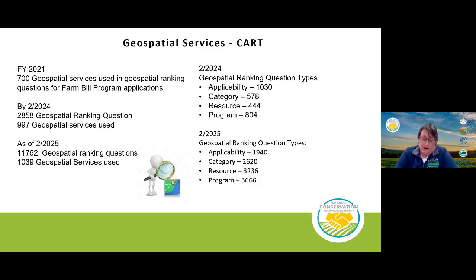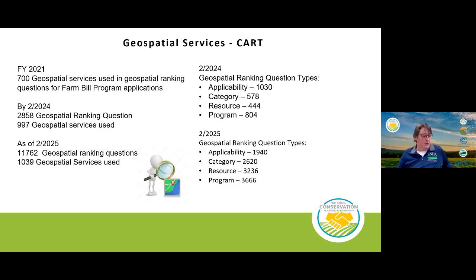And for applicability and category, a big one is the initiative NWQI implementation boundary. So kudos to everybody that is starting to use geospatial questions to help with their rankings and assessments.